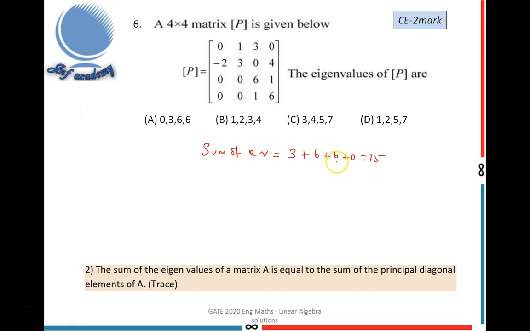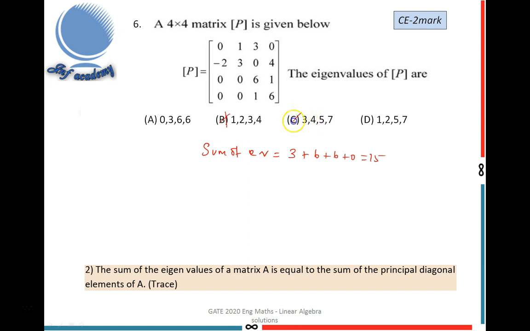So I check the answers one by one. Coming to the answers: here 6 plus 6 plus 3, 15. And 1 plus 2 plus 3 plus 4, that is 10. This option is wrong because the sum of the eigenvalues is 10. Next, 3 plus 4, 7, 14, 19.